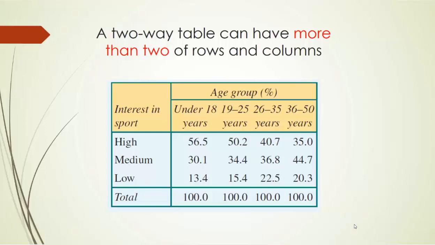And low is going up a bit. So, yeah, as you get older, you get less interested in sport, agree in those surveys? So there's some effect over interest in sport. The actual wording of these things will be explained in a minute.